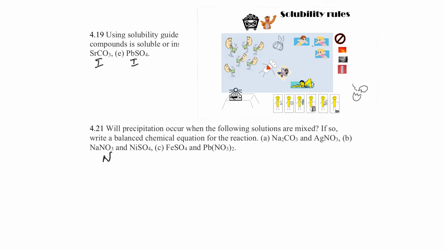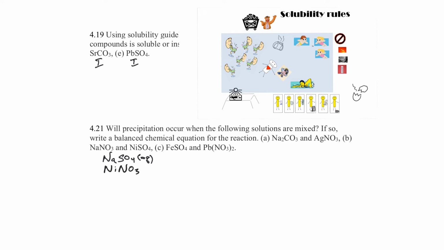What's going to happen if the other partner joins up? I'm going to start with sodium and sulfate. Sulfates are all soluble, and sodium is not one of the exceptions, so this will be aqueous. That's one possibility. What's the other possibility? I take the first, which is the nickel, and the last from the other one, which is nitrate.